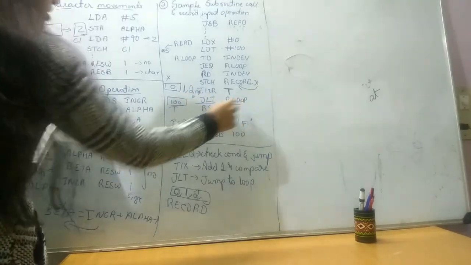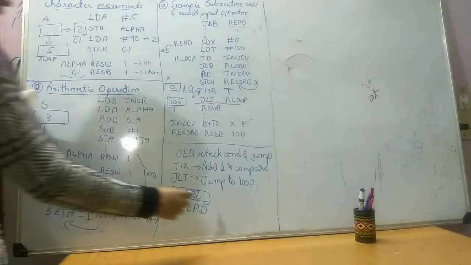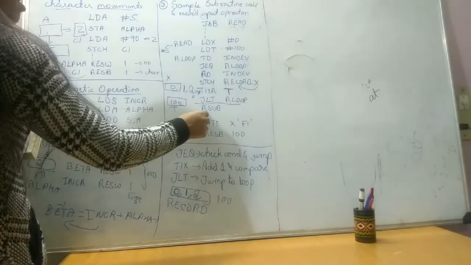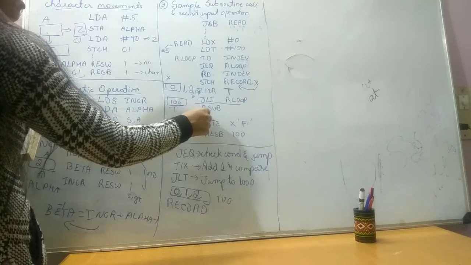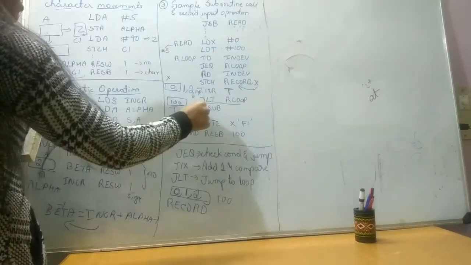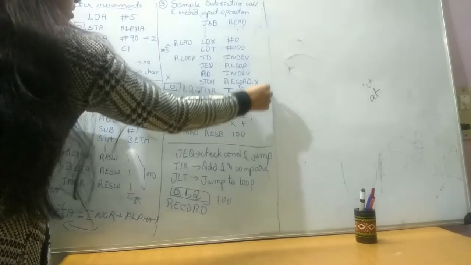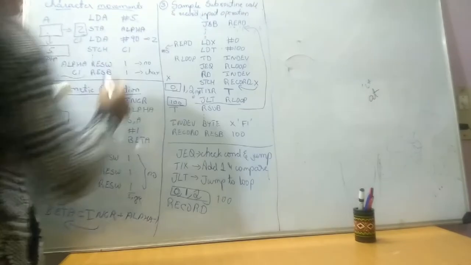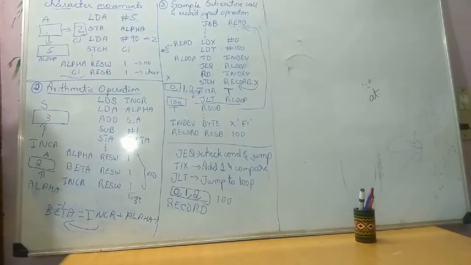Then it will return to the caller. When all the 100 characters are read, RSUB is nothing but return from the subroutine, where it goes back to the place from where it was called. So it will execute the next statement after the jump.